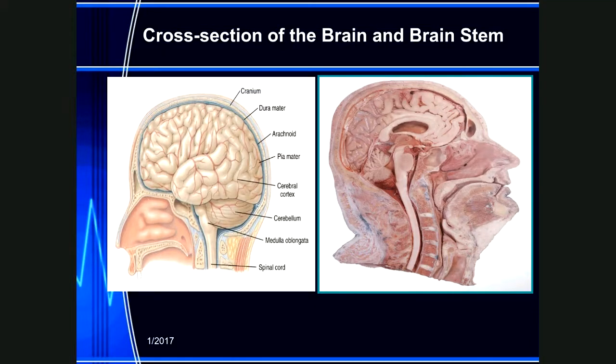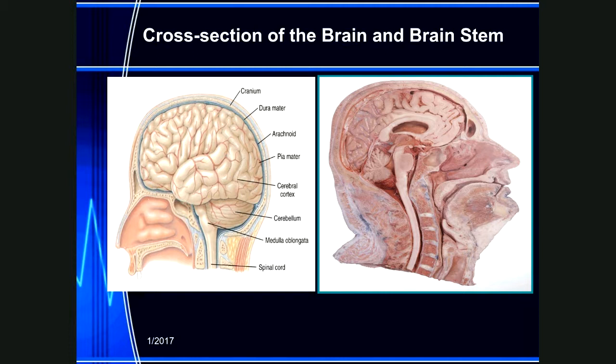But the heart has a very important job to do, and that's to keep beating, to keep us alive, to help circulate blood throughout the body. But the medulla oblongata controls breathing and heart rate.